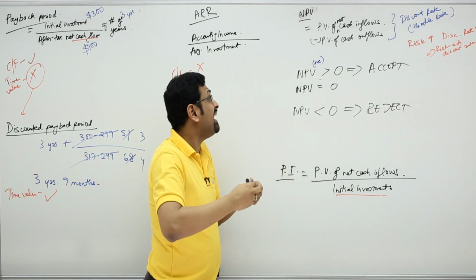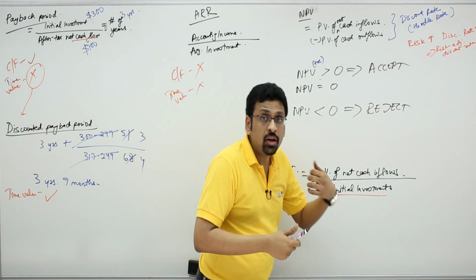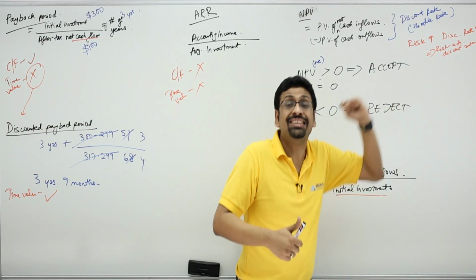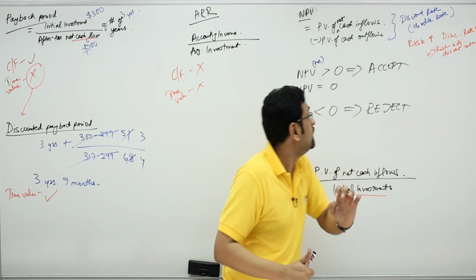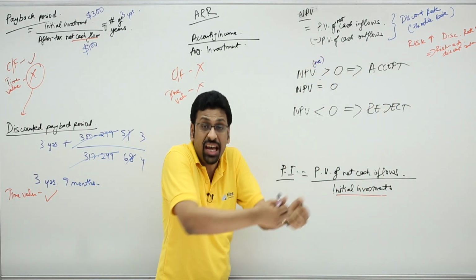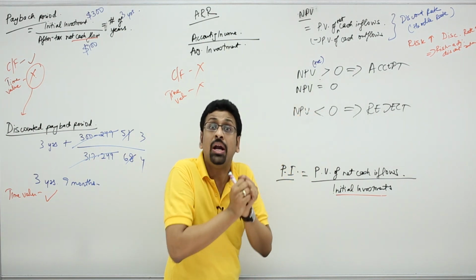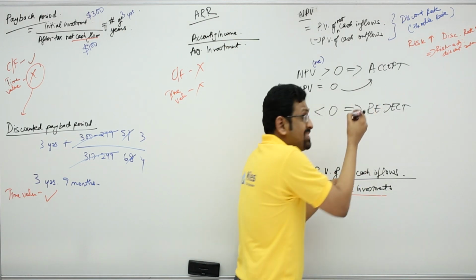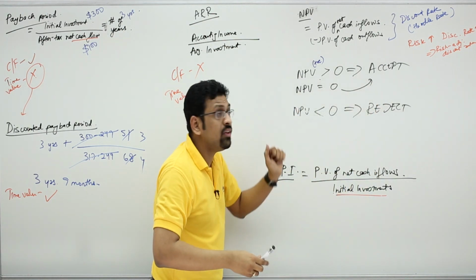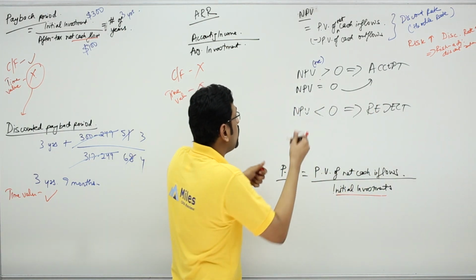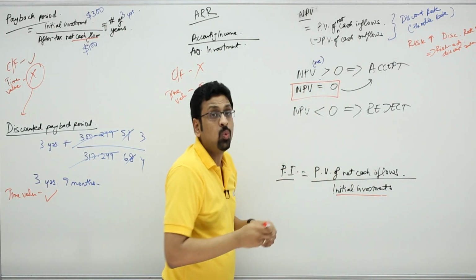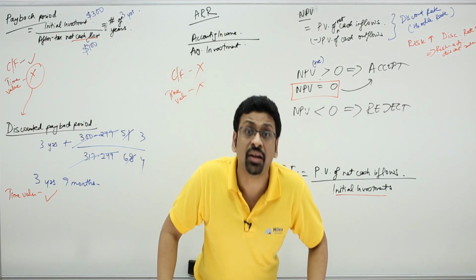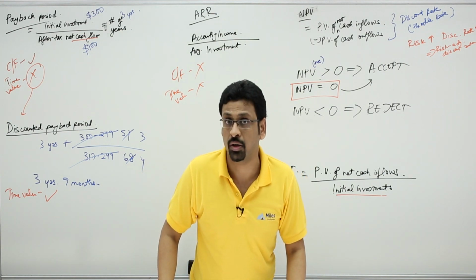We would say that at this point, the return from the project is equal to this hurdle rate, this discount rate, or the present value of cash inflows is equal to the present value of cash outflows. We would still accept this project, and the hurdle rate that we have to calculate net present value equals zero, that is the IRR, or the internal rate of return.